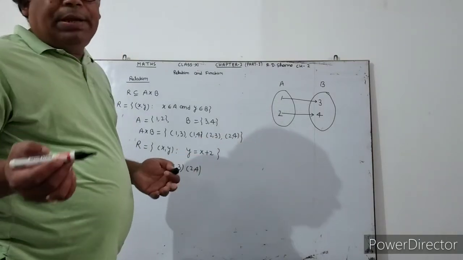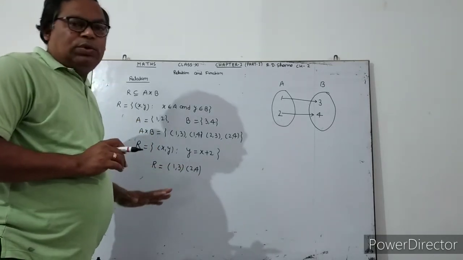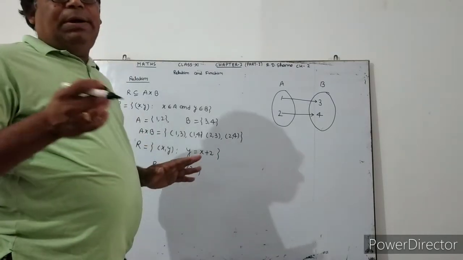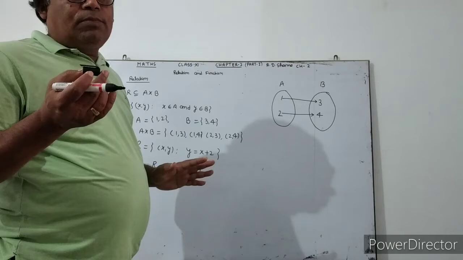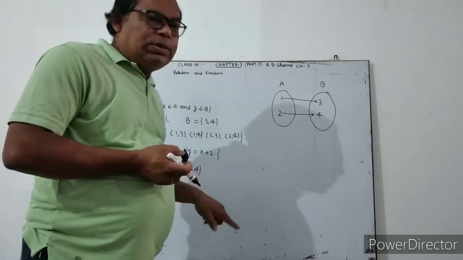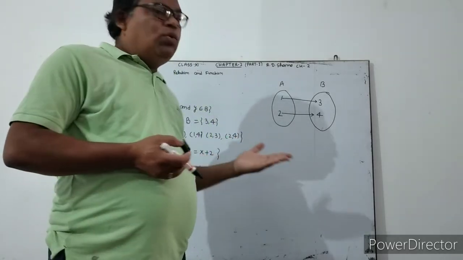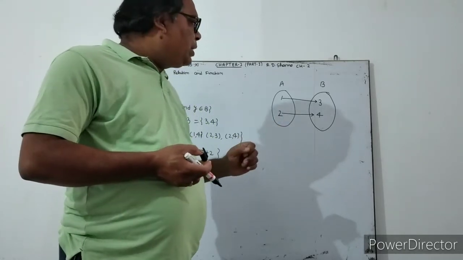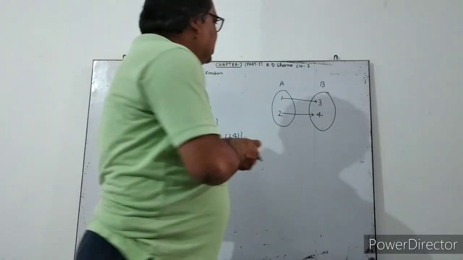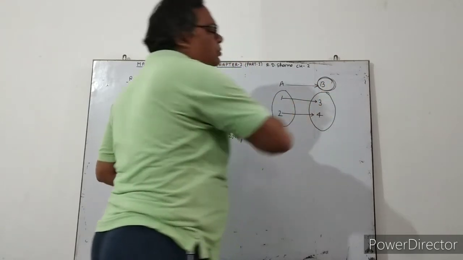Now, what is the domain? Relation के जो फर्स्ट एलिमेंट होते हैं, रिलेशन के फर्स्ट एलिमेंट क्या है, 1 और 2। फर्स्ट एलिमेंट आर द डोमेन. And what is the range? रिलेशन के जो सेकेंड पोजीशन पे जो एलिमेंट होते हैं, वो रेंज। And what is the codomain? कोडोमेन इज द सेट B, A to B है, रिलेशन कहाँ से कहाँ है, A to B, then B is the codomain.